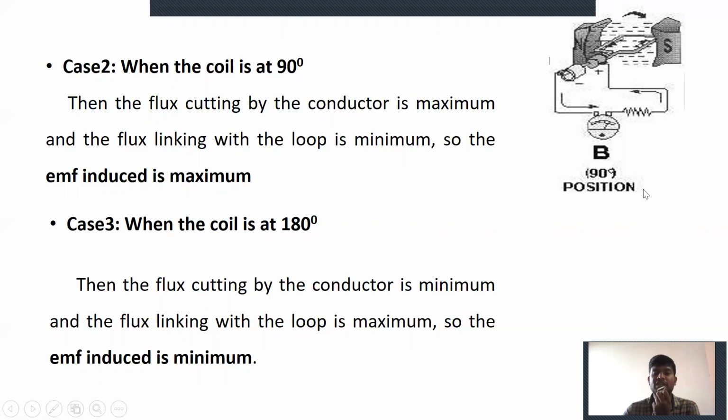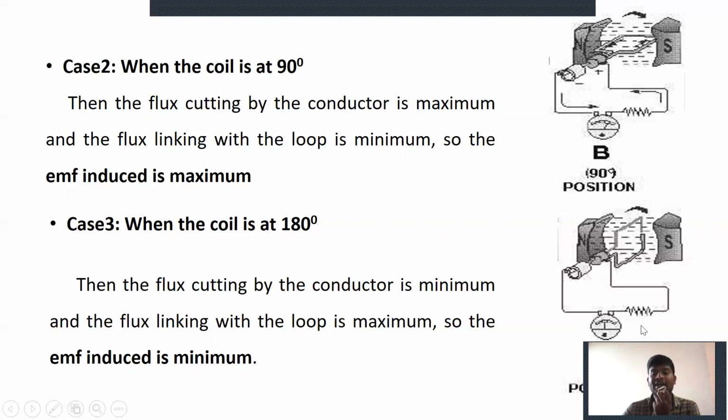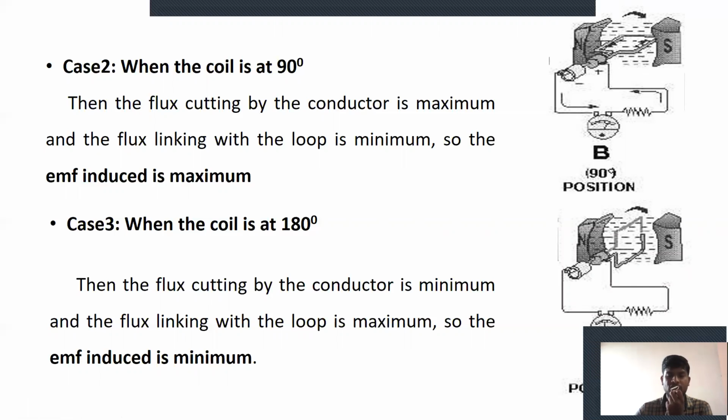Coming to the next position, you can observe the coil change its position from 90 to 180 degrees. When the coil changes, it gets back to the previous position of A, that means the 0 degrees position.